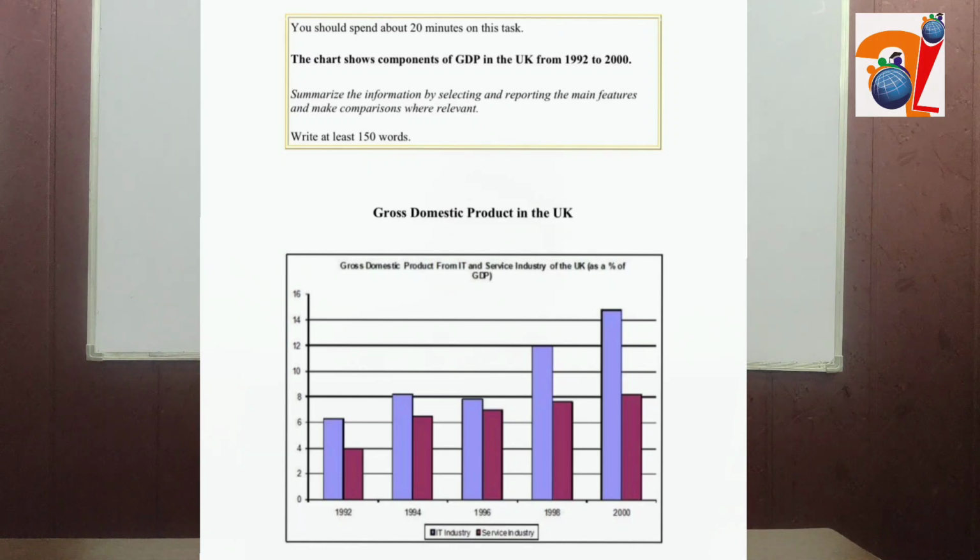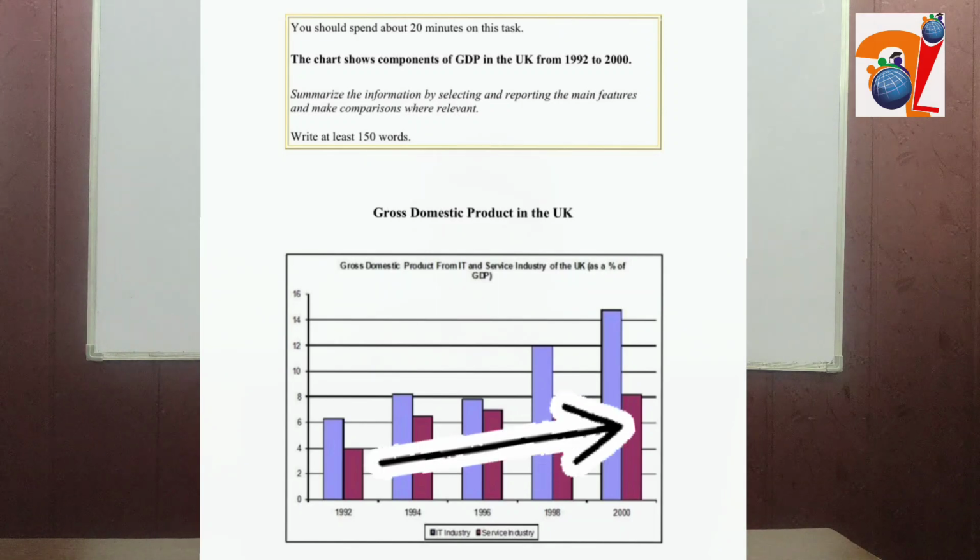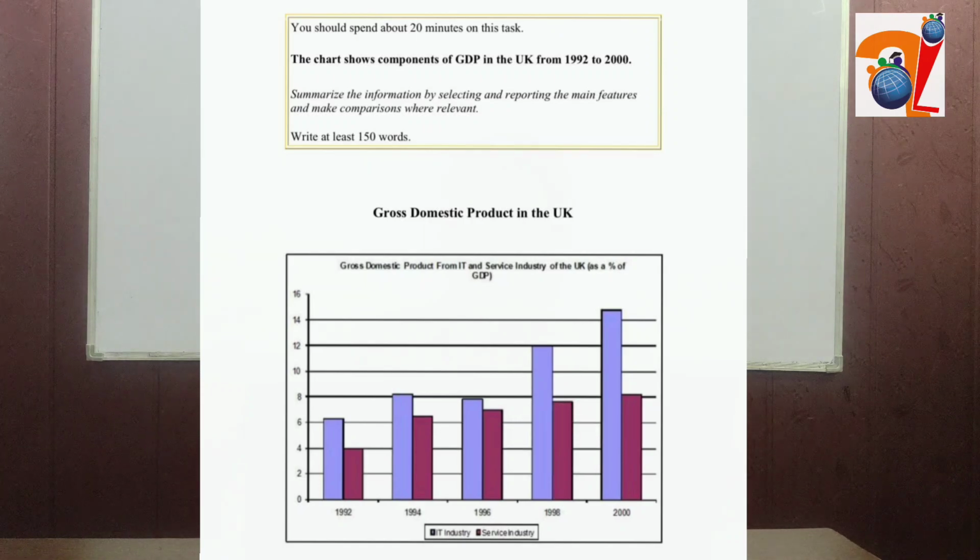See, in 1992, the IT sector is the sky blue one and the service sector is the purple one. Make a comparison, try to form a line of how it flows. See, in 1992 it was 4 for the purple one, the service sector, then 6, 7, 7.5 something, and finally it is 8.